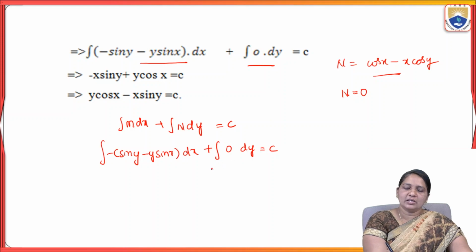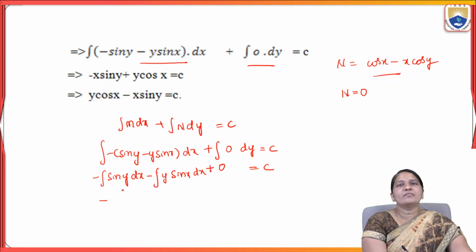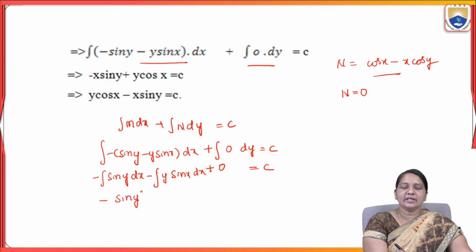So here integral 0 is 0, and here minus integral sin y dx minus integral y sin x dx equal to c. So finally, when you are integrating with respect to x, y is the constant. So minus sin y is the constant. Integral dx value is x.